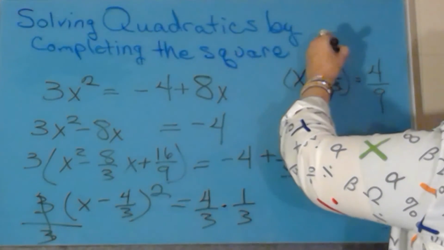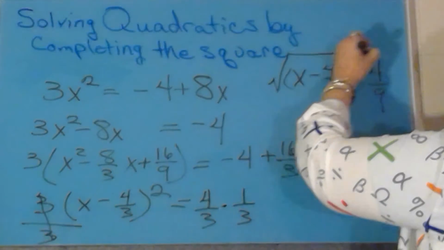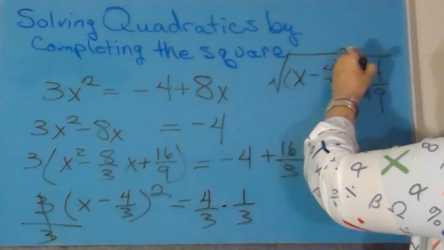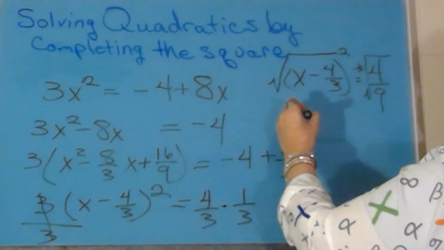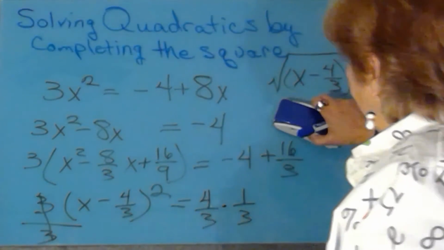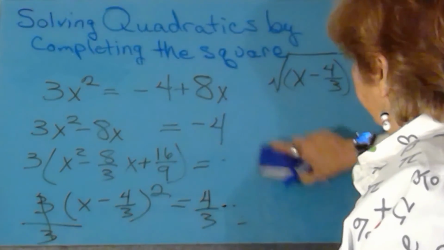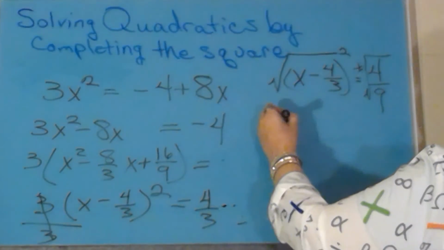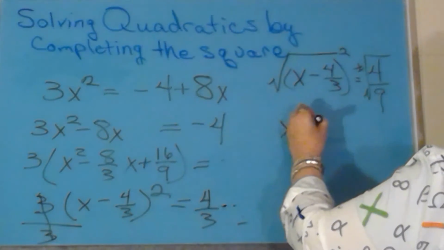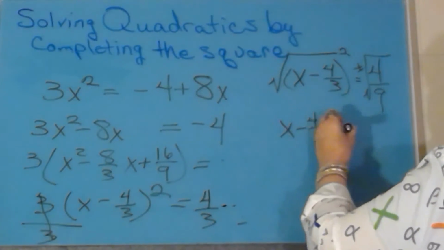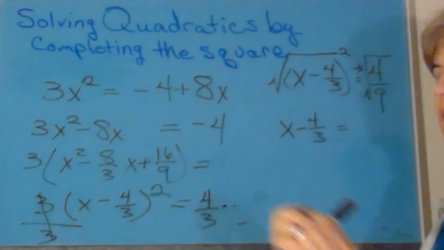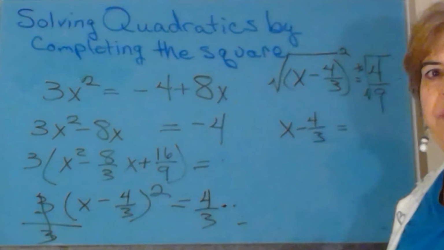Take the square root of both sides. This gives me x minus 4/3 equals, you take the square root of the top and the bottom.